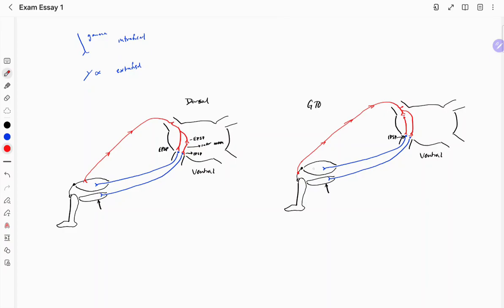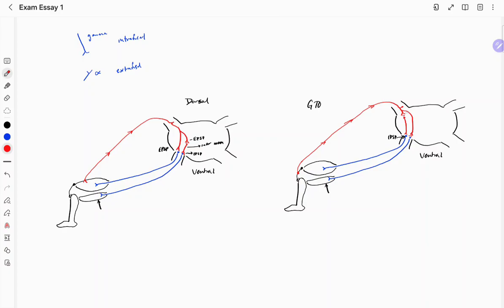So if you have all this tension in the tendon, let's say your quadricep is contracting, then it's going to send this information, resulting in an IPSP, so your muscle is going to try to relax so it doesn't overcontract and damage your muscle or your bones.